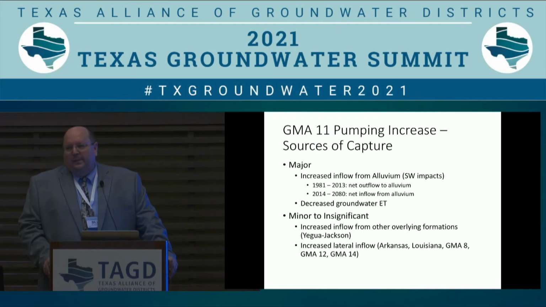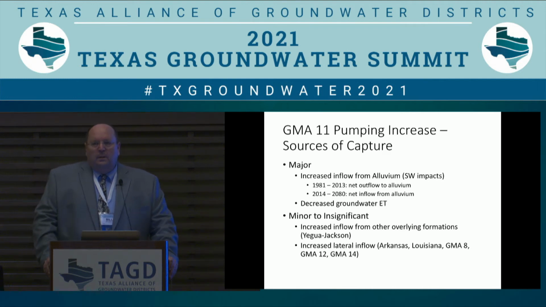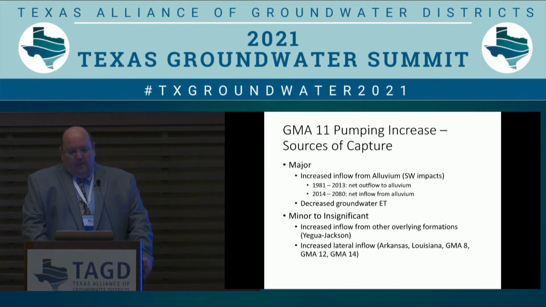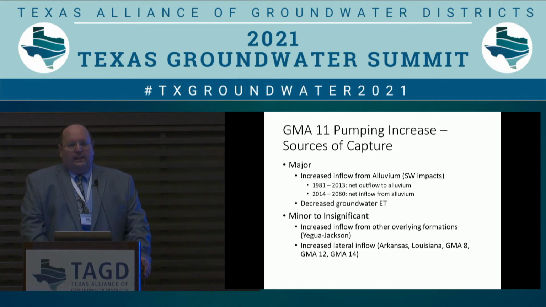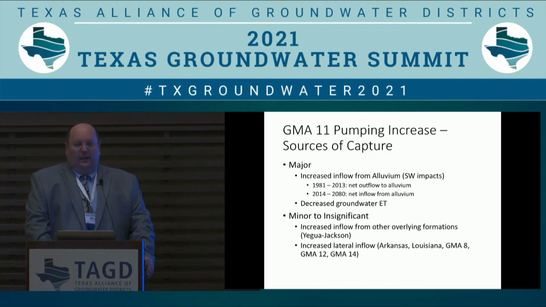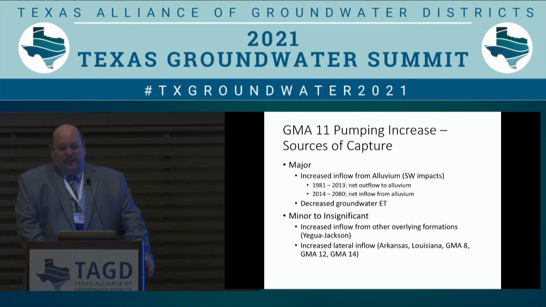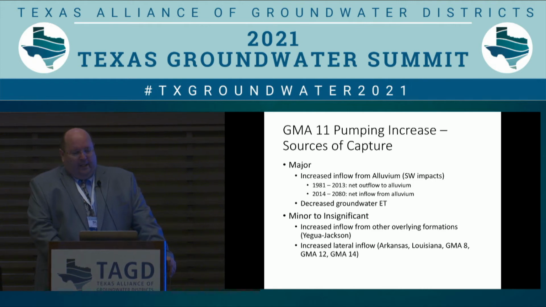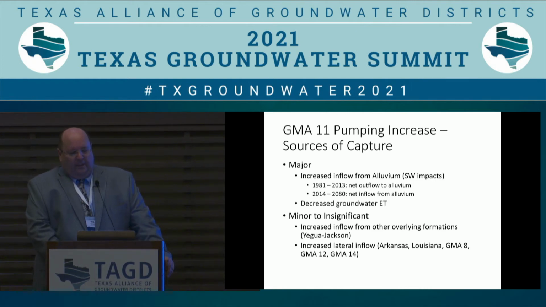The alluvium is becoming a recharge source to the groundwater, to the new wells. We also see some substantial decrease in the groundwater ET. And the minor insignificant components include the increased inflow from the overlying formations. In this model, that's the Jackson. And there's minor changes in lateral inflow from Arkansas, Louisiana, GMA 8 and GMA 14.